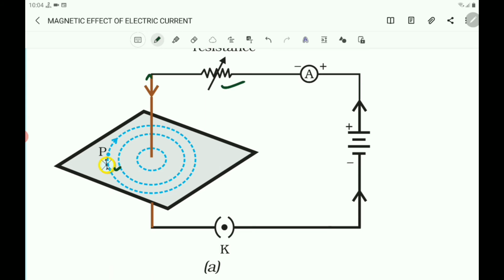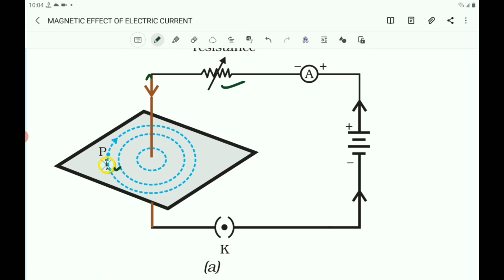So as the current flowing through the copper wire increases, the strength of the magnetic field also increases. And as the current flowing through the copper wire decreases, the strength of the magnetic field around the copper wire decreases. As the current increases, the strength of the magnetic field also increases. As the current decreases, the strength of the magnetic field also decreases. So they are directly proportional.